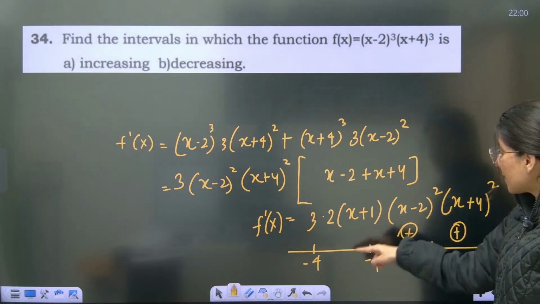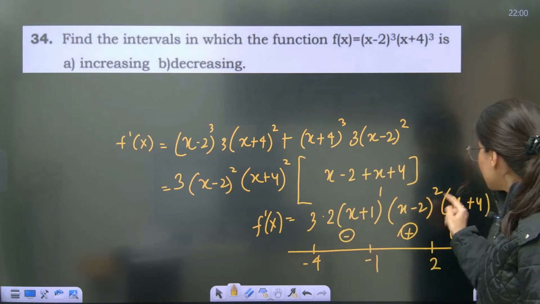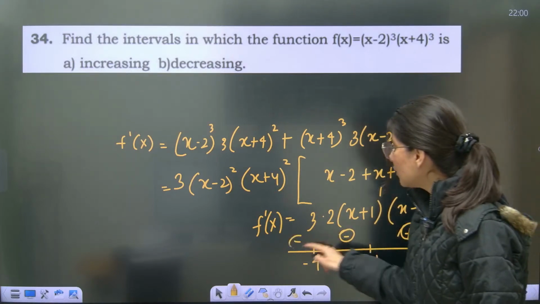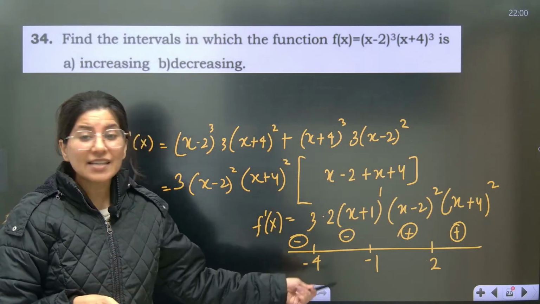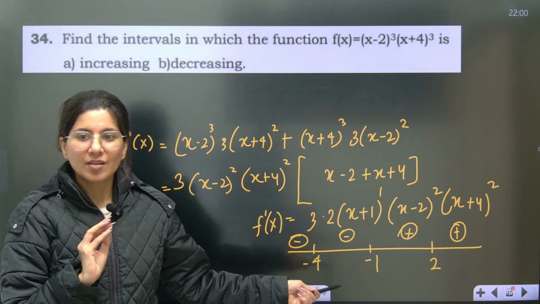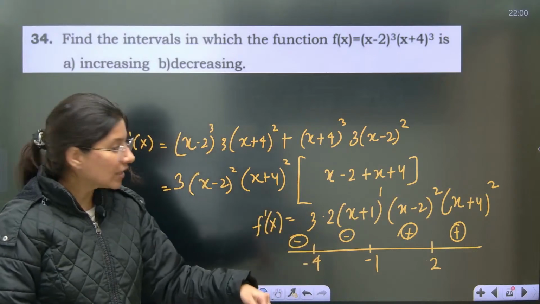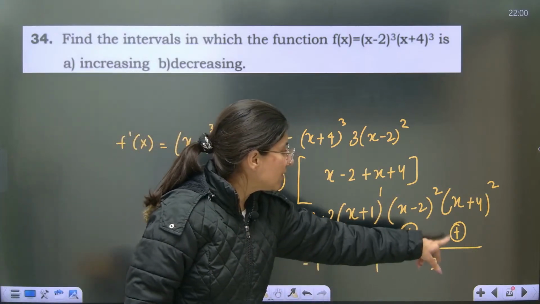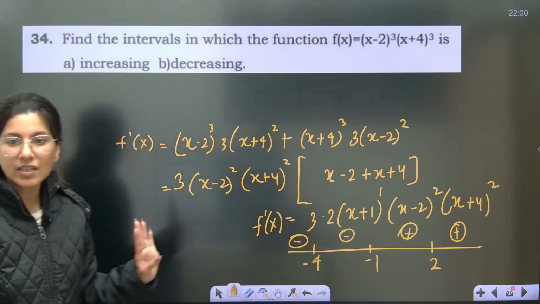Now you are crossing minus 1, which has odd power, so the sign will change. And minus 4, again even power, the sign will not change. If you do not remember how I apply the sign, go and watch my lecture on wavy curve. In short, I can recall that about even power the sign will remain the same, but about odd power it will change.